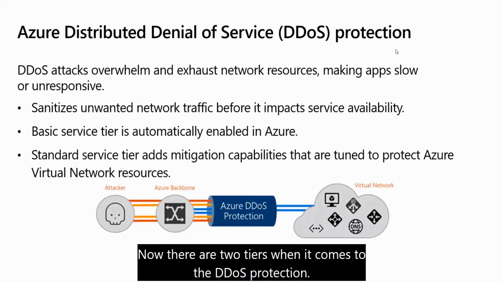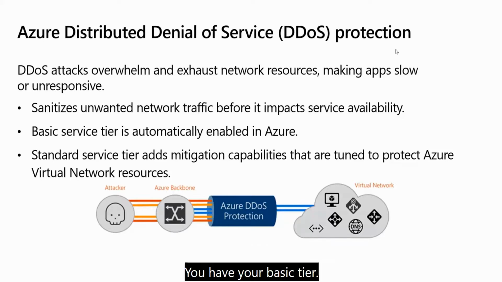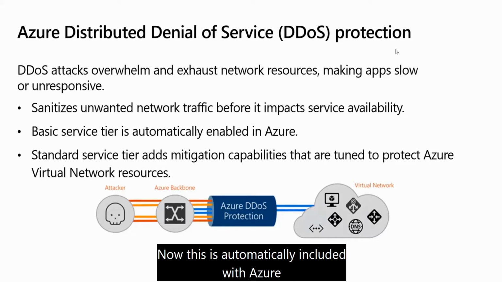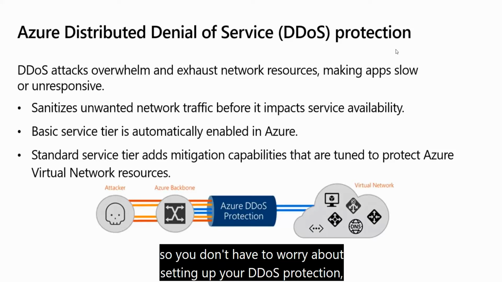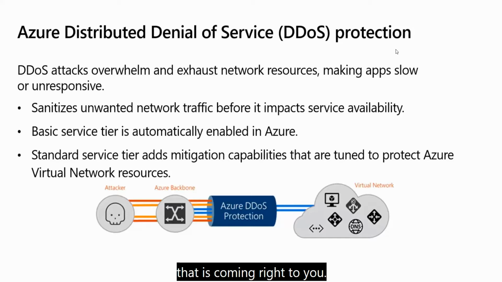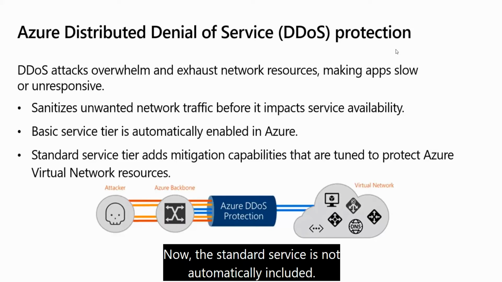Now, there are two tiers when it comes to DDoS protection. You have your basic tier. This is automatically included with Azure, so you don't have to worry about setting up your DDoS protection. That is coming right to you. But there is also the standard service. Now, the standard service is not automatically included.